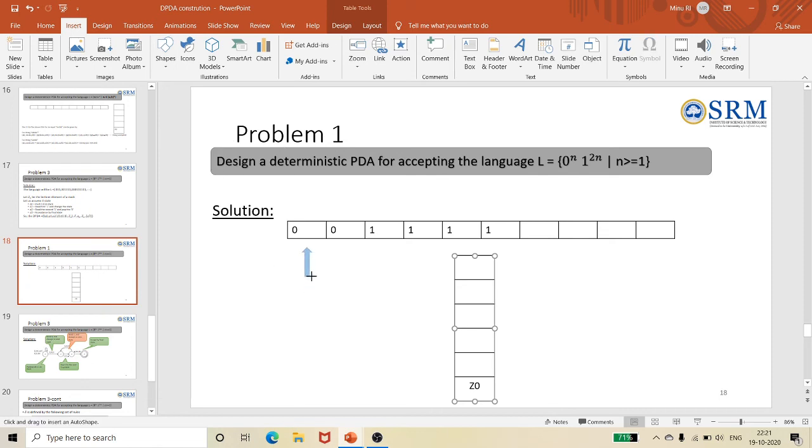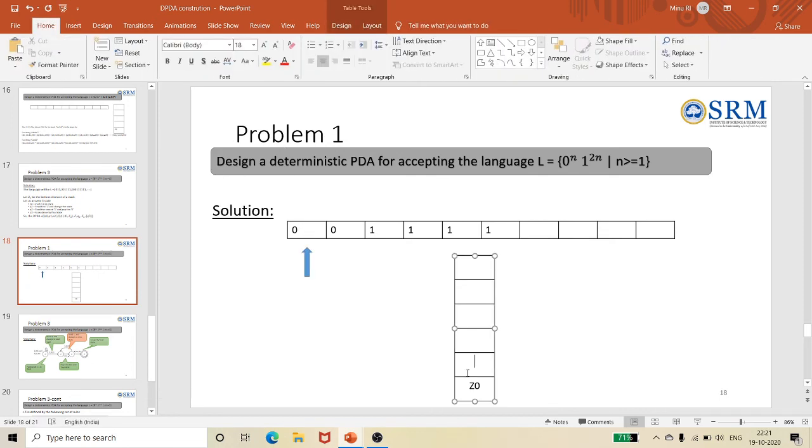By seeing my 0, I will push the 0 into the stack. By reading the next 0, I will push the next 0. By seeing the first one, I will do nothing. By seeing the next one, I will pop it out. Again for my next one, I will do nothing. For the next one, I will pop out. This is the procedure.